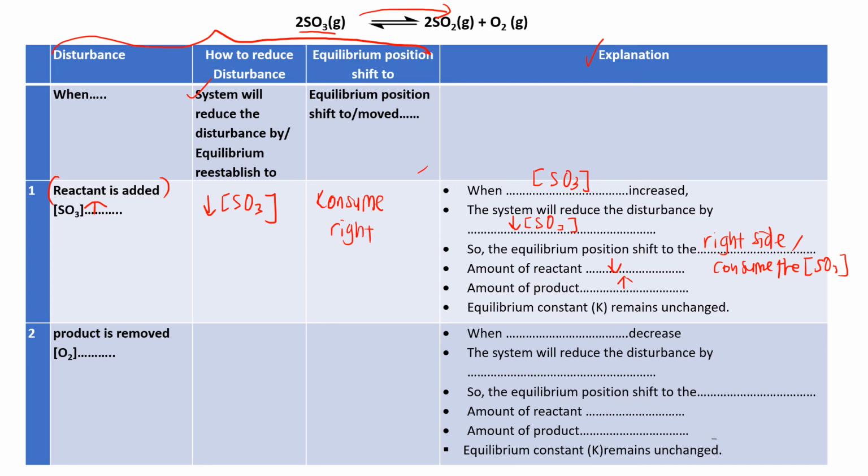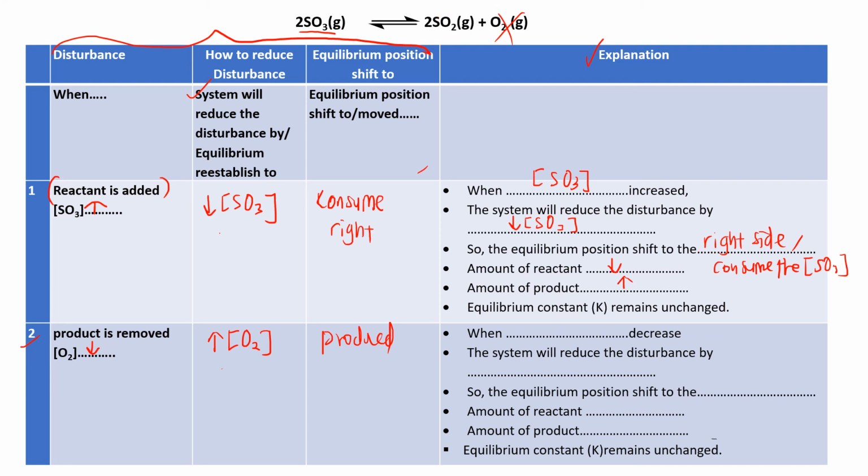Now we discuss case 2. Let's say a product is removed. Let's say one of the products is O2. O2 removed means that the concentration of O2 will decrease. So to reduce the disturbance, you must increase back the concentration of O2. To increase the concentration of O2, you must produce it.